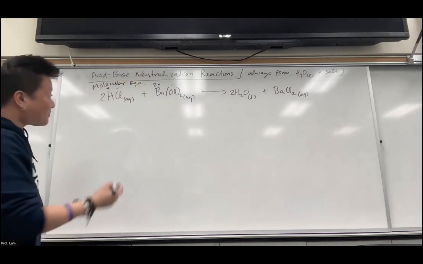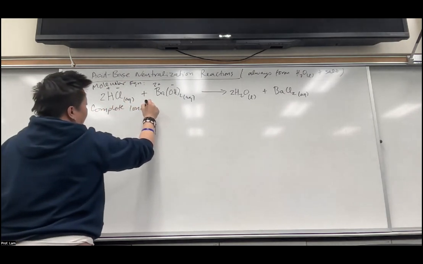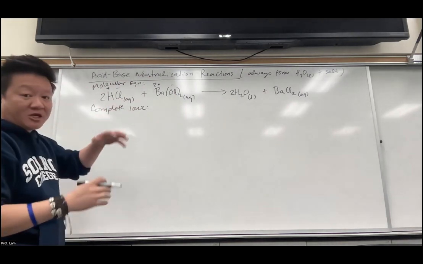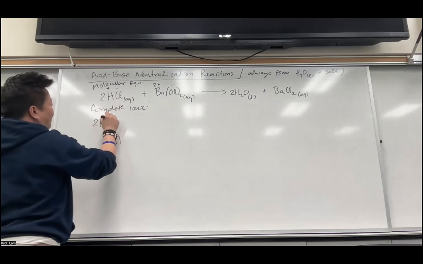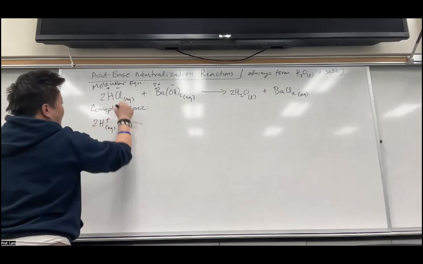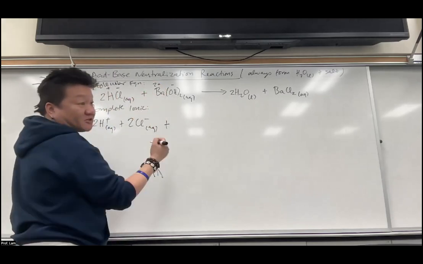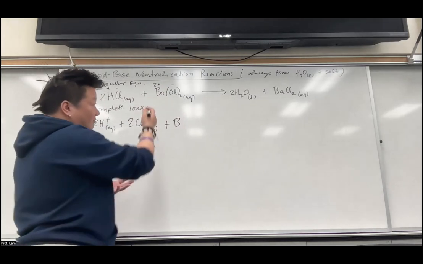Let's practice writing our complete ionic. Okay, so remember, y'all, for complete ionic, anytime you see aq, I'm gonna split it apart, right? I have 2HCl here, so I'm gonna write 2H plus aqueous plus 2Cl minus aqueous plus barium is 2 plus. See, it's kind of useful to write the charges on top, so you just have it right there.